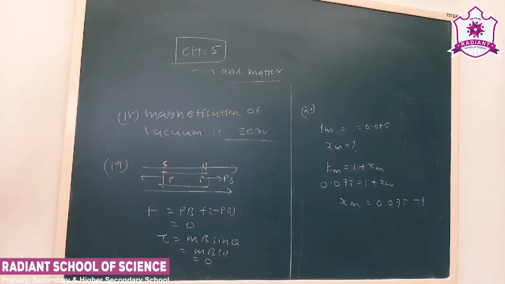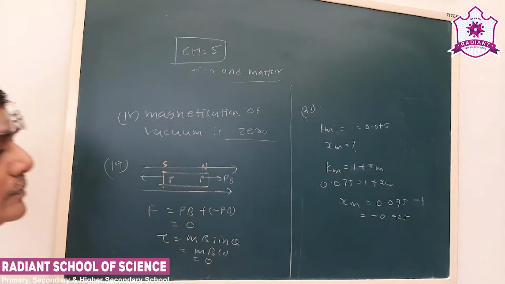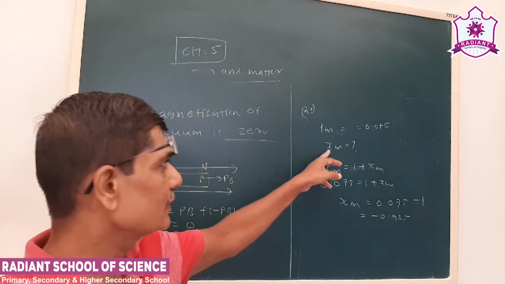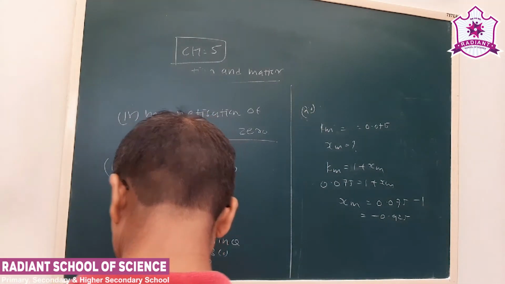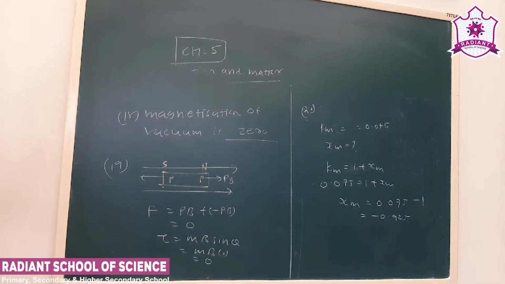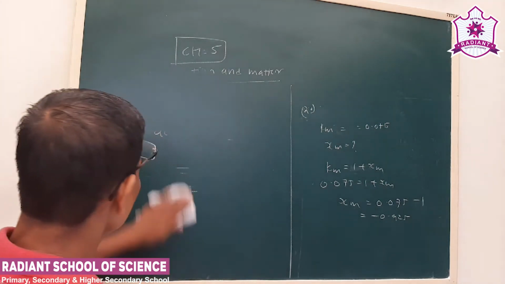Okay, that is a relation you should know. Here Km is given, and we have to find chi m. So we can obtain the value of magnetic susceptibility. Now our MCQ number 21.